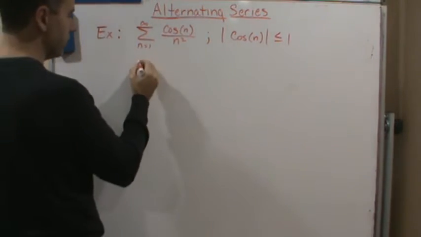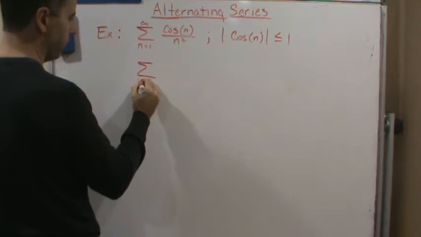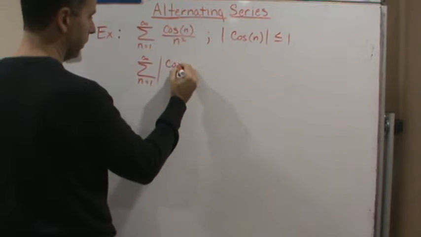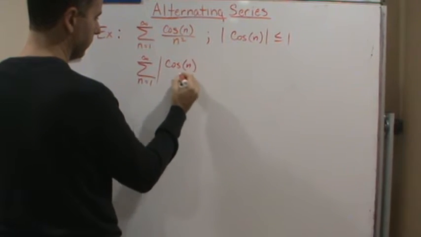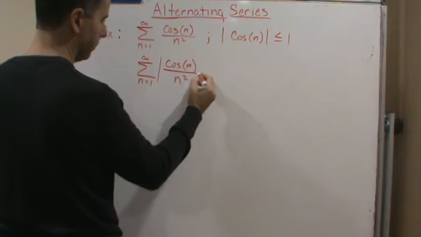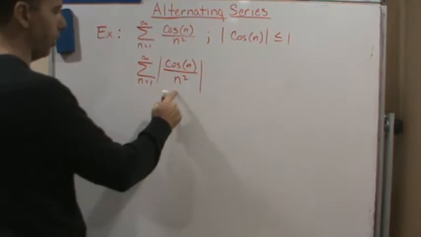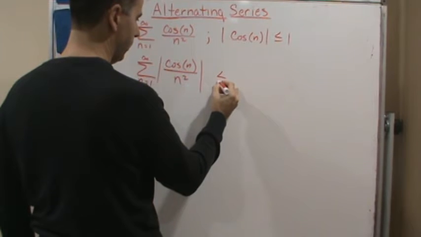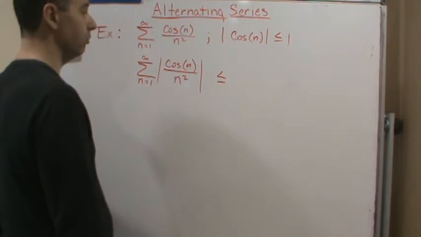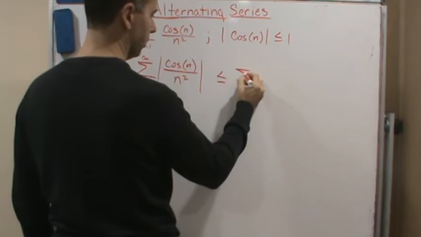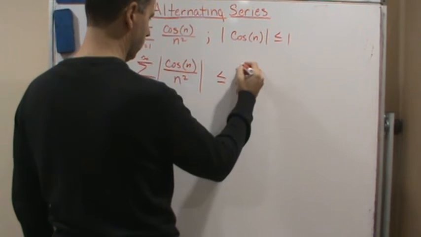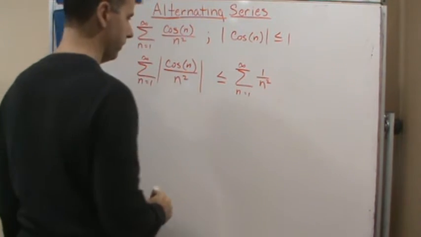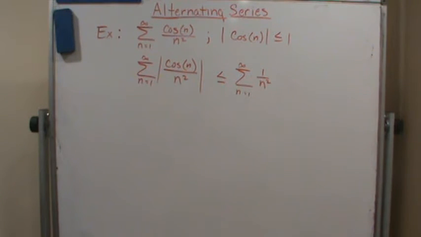So if we look at the absolute value of the series, then we know that this is going to be less than or equal to one over n squared.